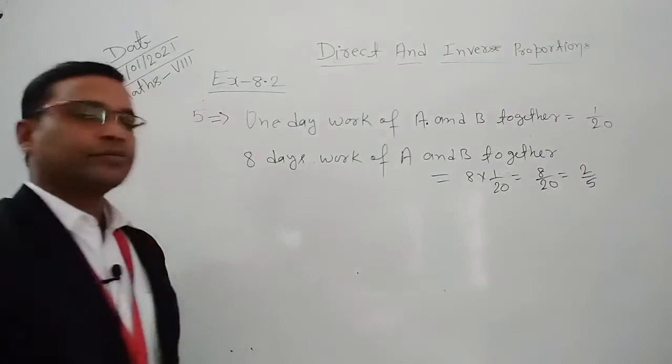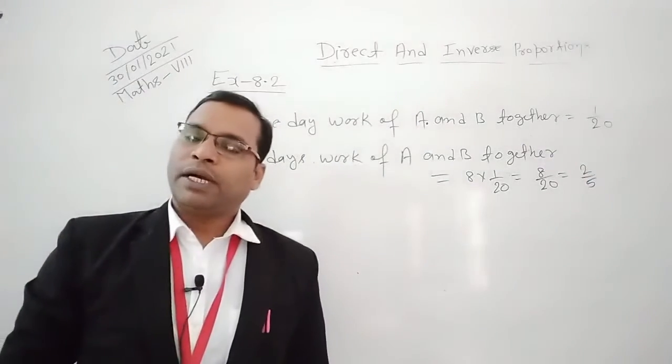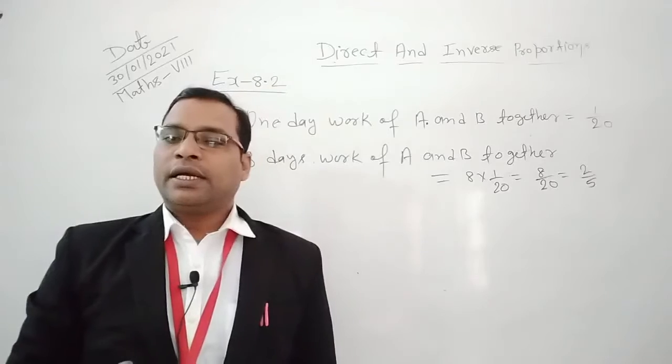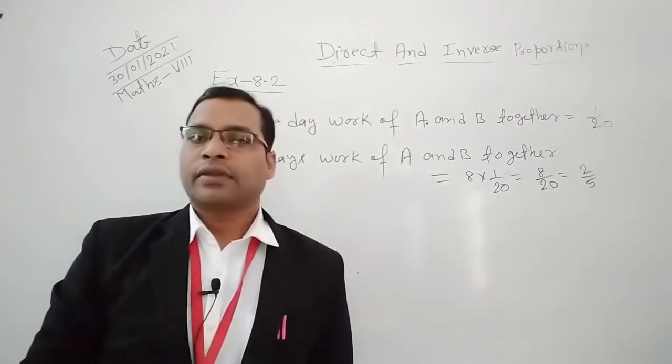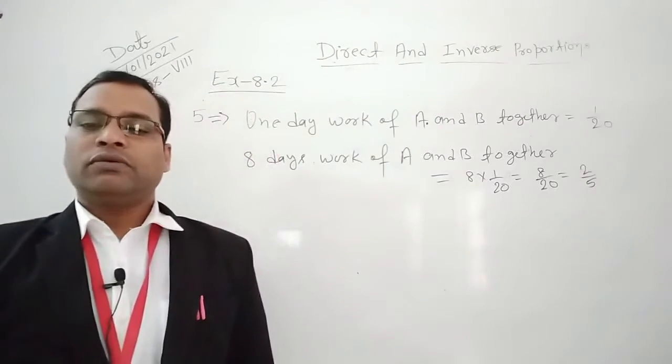This is clear. A 2/5 work is completed in 8 days by A and B. Now we find the remaining work.